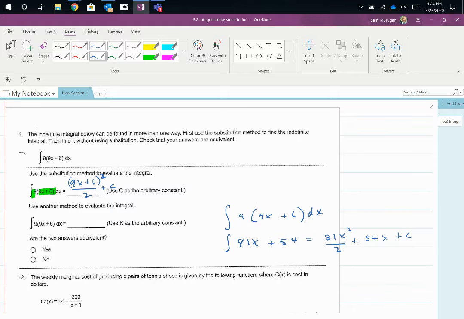And you can go through the process of combining this into a single fraction to see that the two answers are indeed equivalent.